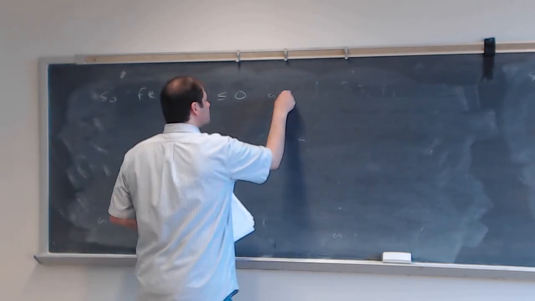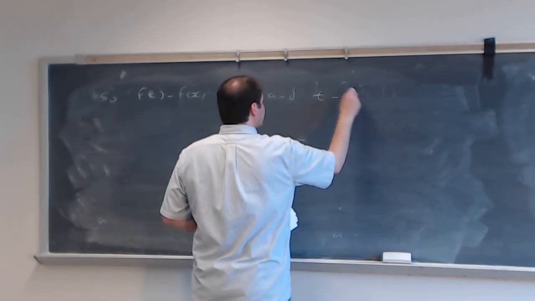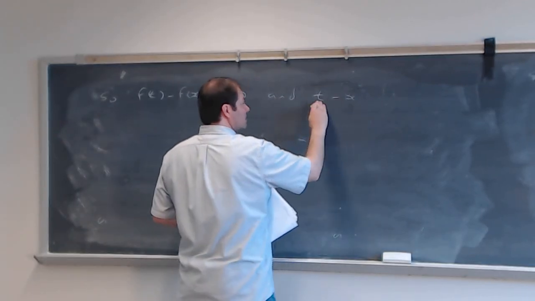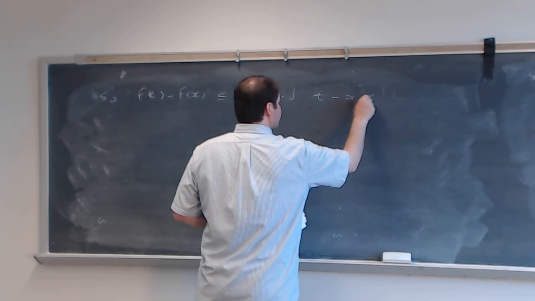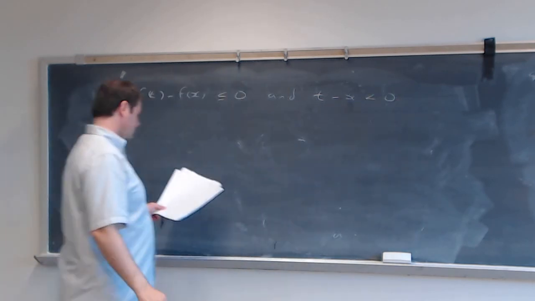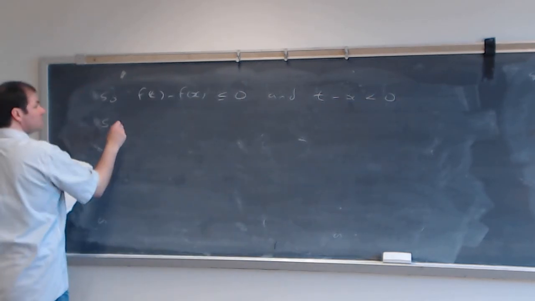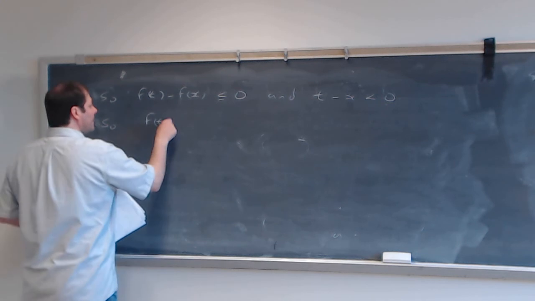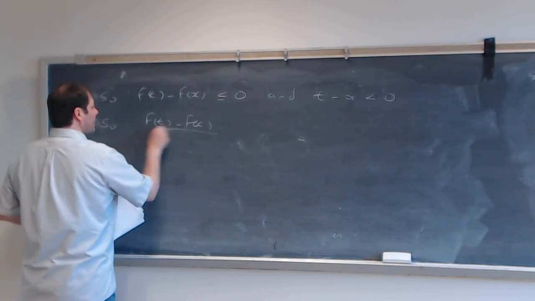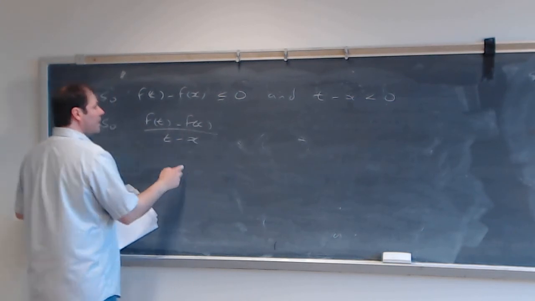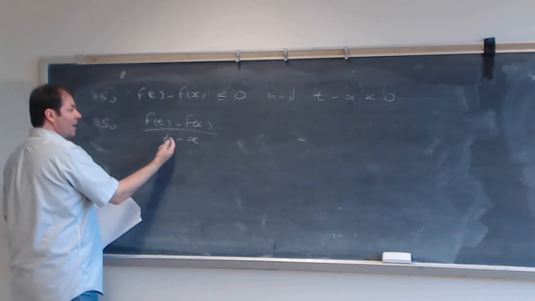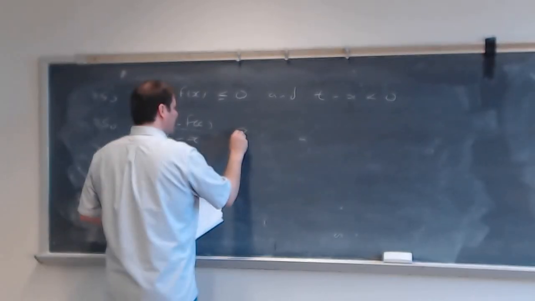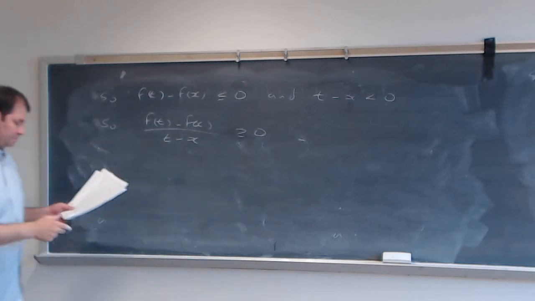And t minus x: remember, the t's we're taking are to the left of x, so x is bigger. This has got to be less than 0. So f of t minus f of x, all over t minus x, is a non-positive divided by a negative. That's definitely got to be greater than or equal to 0.